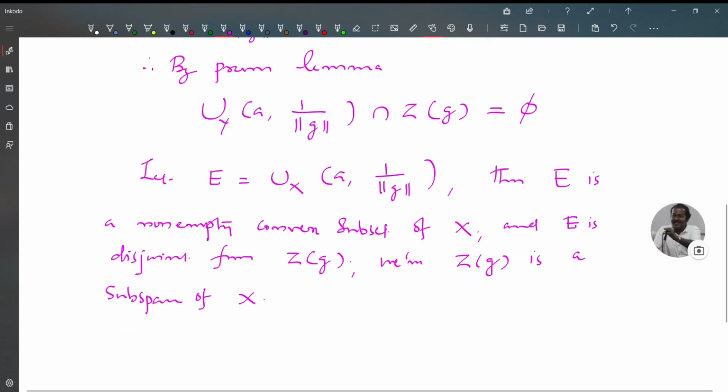Here E is a non-empty convex subset and the zero space of G is a subspace of X such that E intersection the zero space of G is empty.